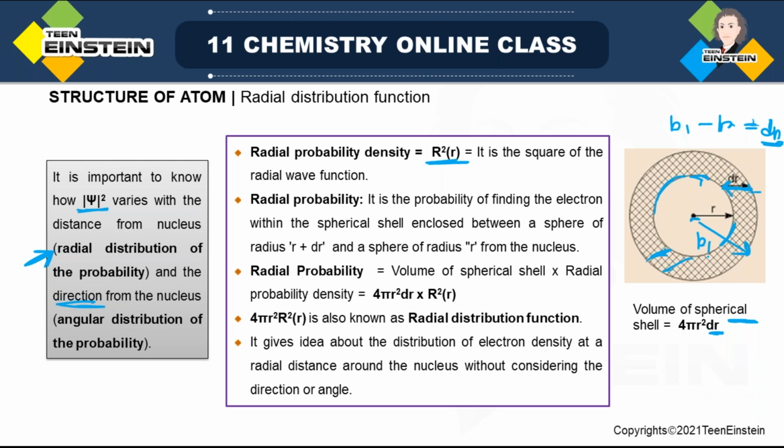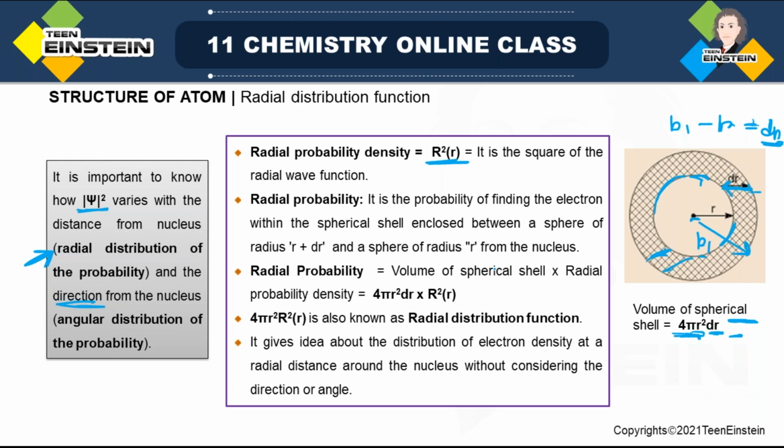If you consider the radius r1, there is a sphere. But suppose you take the sphere you get from r1 radius and the sphere you get from r radius, you just have to subtract. Then only you can get the volume which is only in the crisscrossed region. To get that volume, you have to multiply this distance dr with the surface area of the smaller sphere, 4 pi r square, multiplied with dr, which will give you the volume of this spherical shell, that is the marked region.